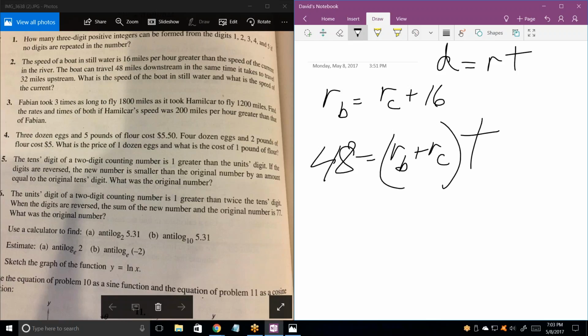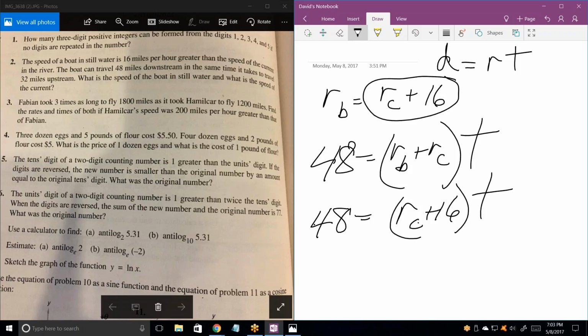This is where I was going wrong before. I was trying to say that 48 was equal to r sub c plus 16 times time. And that's not correct, because r sub b is r sub c plus 16, but you have to add the rate of the current to that.